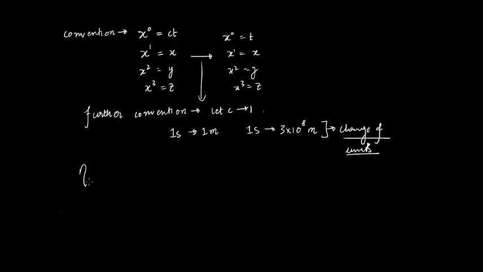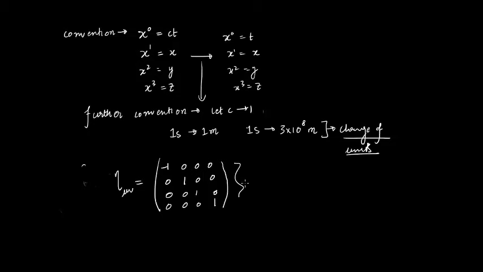The metric can be written as eta mu nu, which will be equal to the matrix with rows -1 0 0 0, 0 1 0 0, 0 0 1 0, and 0 0 0 1. So this is the space-time metric.